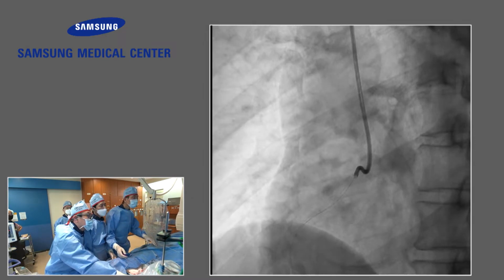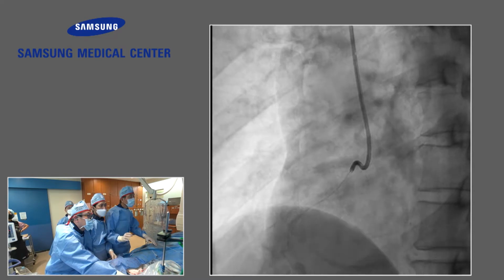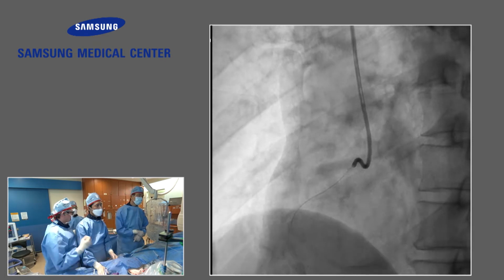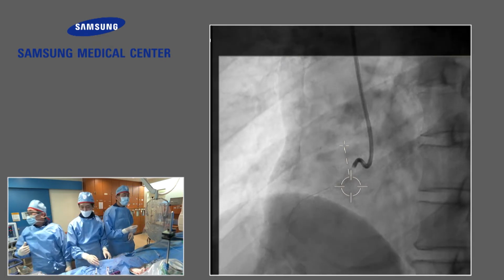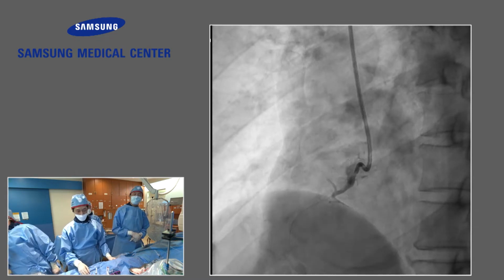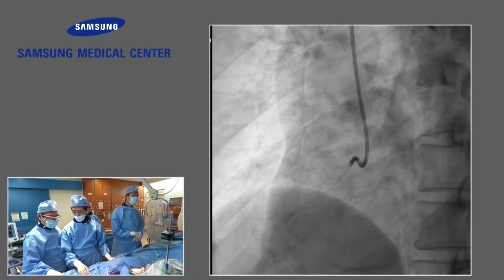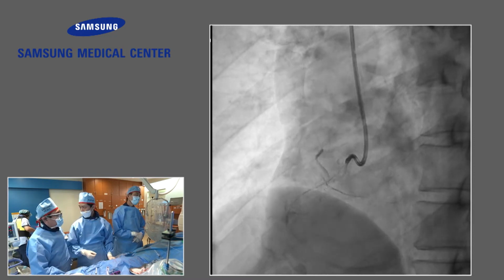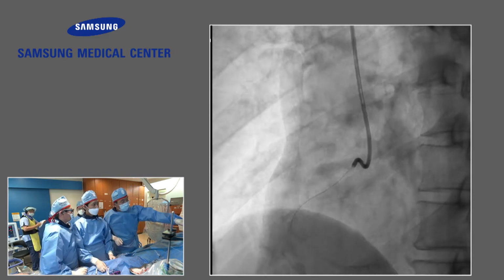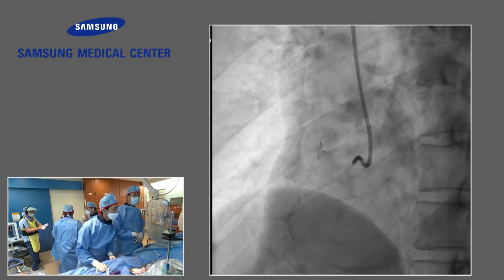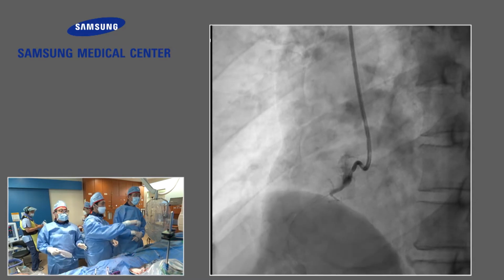Was the catheter cut? I'm not sure. The balloon itself stayed inside the guiding catheter after we removed it. This balloon catheter was cut. Maybe the tip is there.